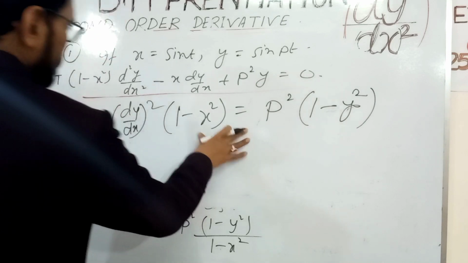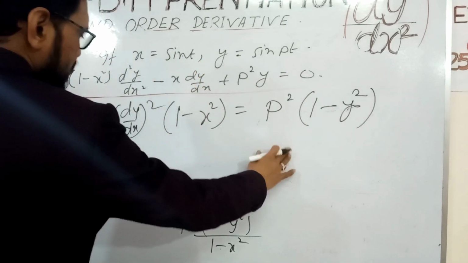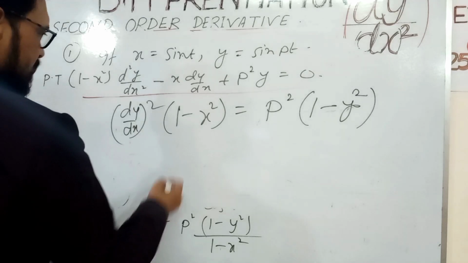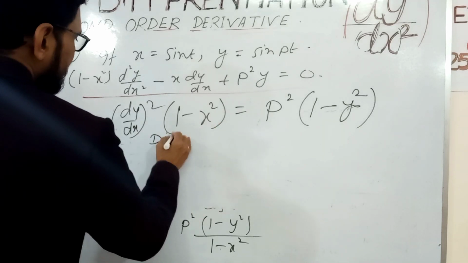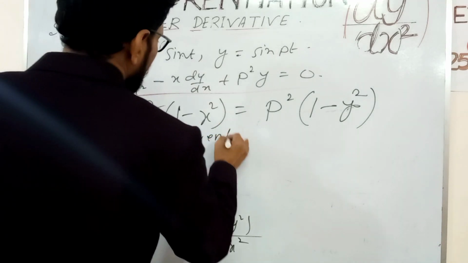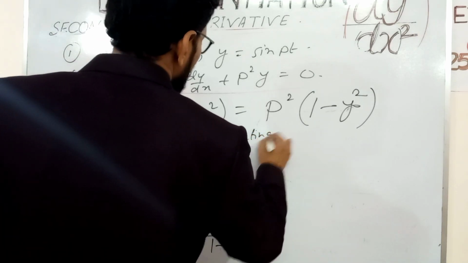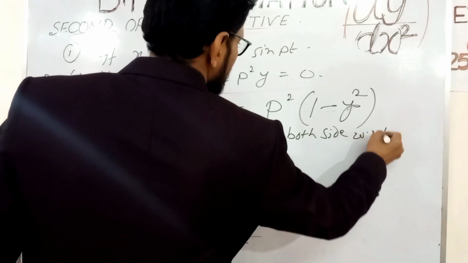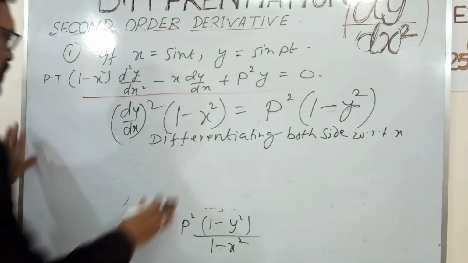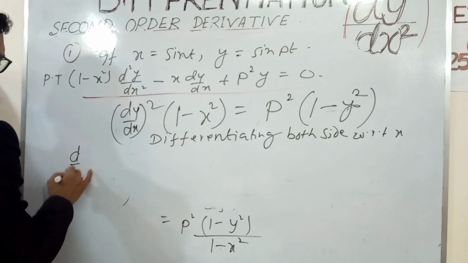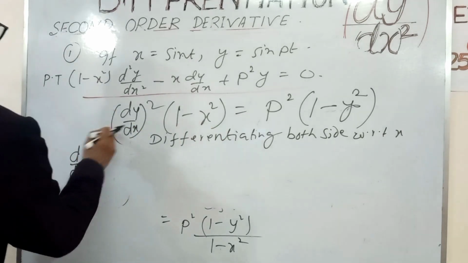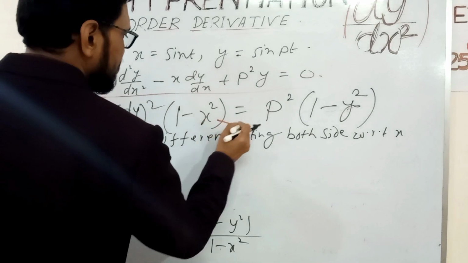We prove the required expression directly from this expression. For this we have to differentiate both sides with respect to x. Now on the left side it is the u and v rule, so this is u and this is v.